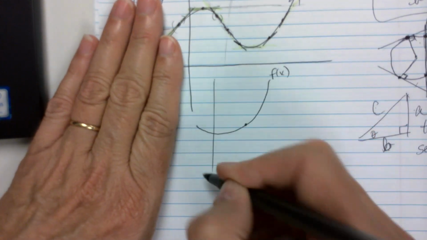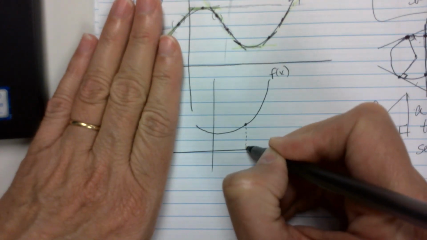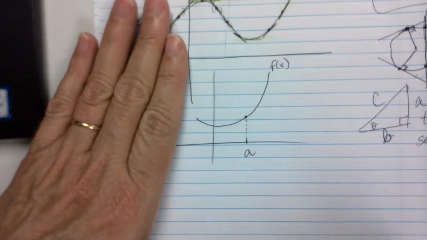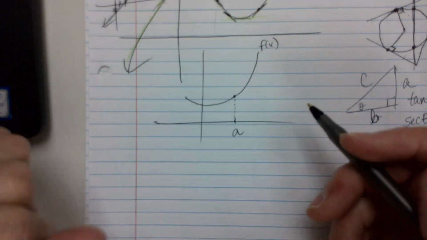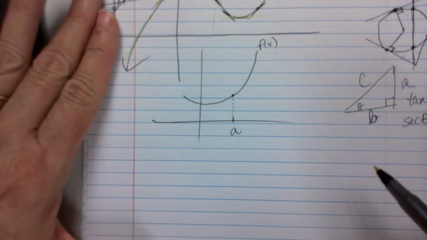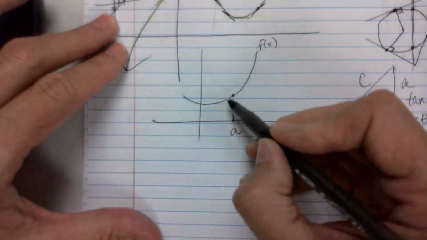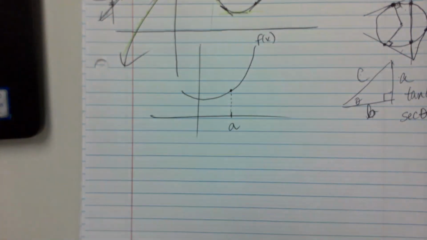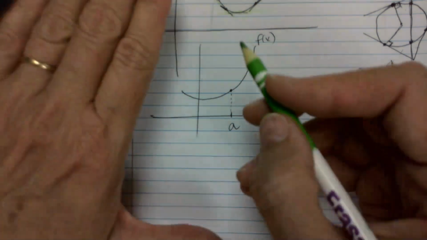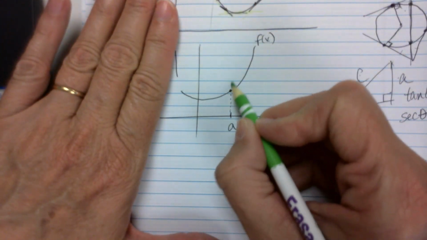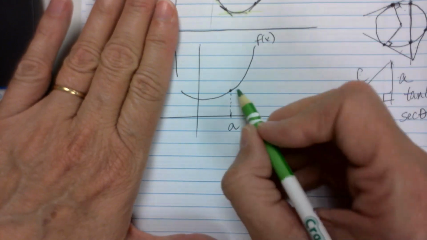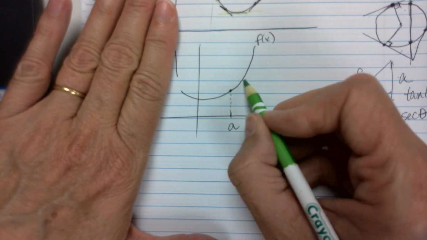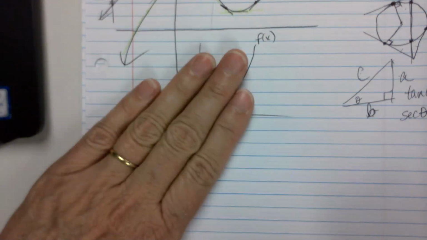This is the point A. I want to estimate the slope of the tangent line at that A. Now, I could literally give you a graph and ask what the slope of that tangent line is, and if I draw a grid really carefully, that's pretty close to 1, isn't it? Rise 1, run 1 at that particular point.